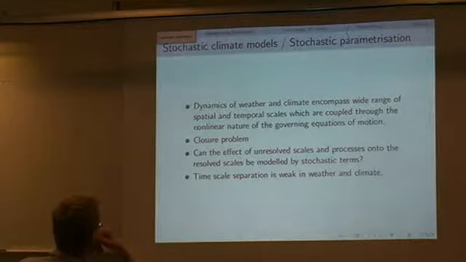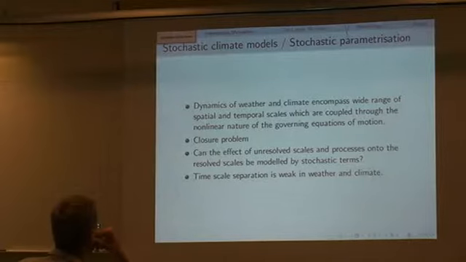We know the dynamics of weather and climate encompass a very wide range of scales, both spatially and temporally. If you consider the atmosphere, it starts from planetary, global scales, then goes down to synoptic scale weather systems, mesoscale, microscale, the very smallest scales.